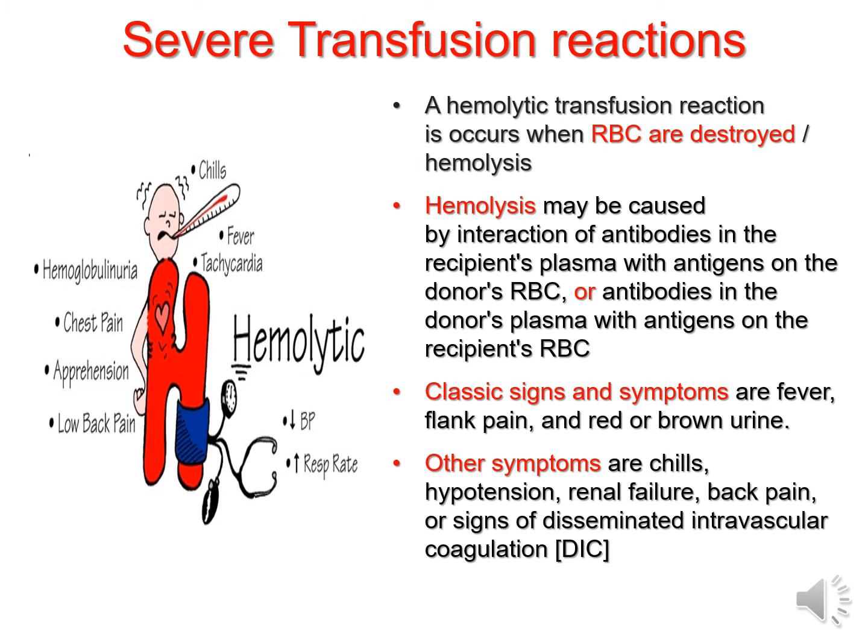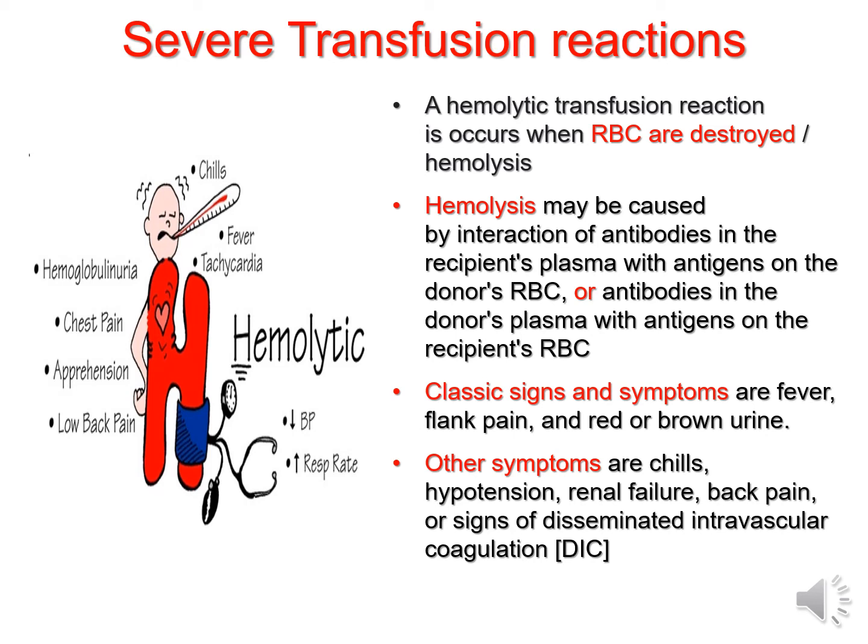Then you've got severe transfusion reactions. And this is typically going to be a hemolytic reaction or an acute hemolytic reaction. And this can result in low back pain, anxiety, severe chest pain, chills, fever, tachycardia, hypotension, tachypnea, bradypnea maybe, hemoglobinuria.